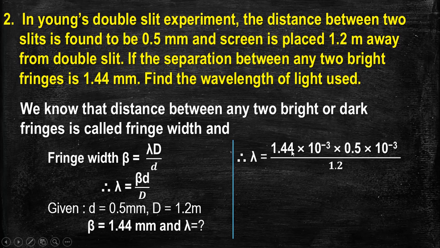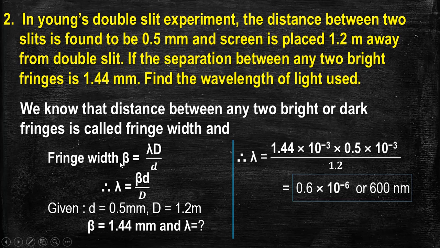Beta value is 1.44 into 10 to the power of minus 3 into small d value is 0.5 into 10 to the power of minus 3 meter. Given value is 0.5 mm and converted value is 0.5 into 10 to the power of minus 3, which is in meters, divided by capital D, 1.2 meters. Then the answer is 0.6 into 10 to the power of minus 6 or 600 nanometer. This is your correct answer.